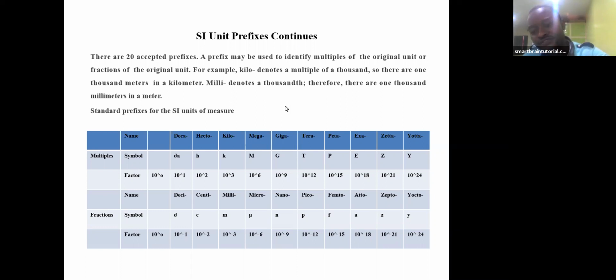So all these prefixes are used to give the quantity of measurement either a larger value or a very smaller value. You can always inspect items at home, whenever you see cosmetics or whatever, look at the ingredients.